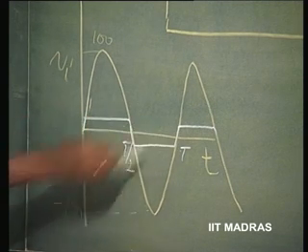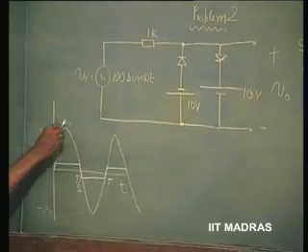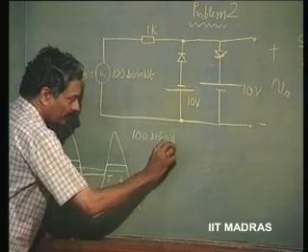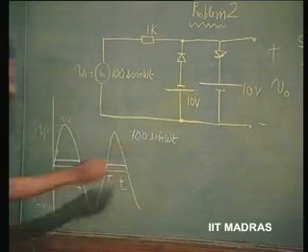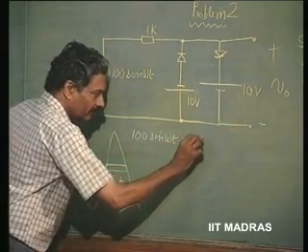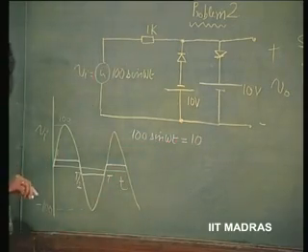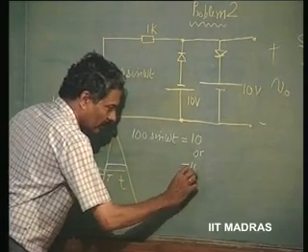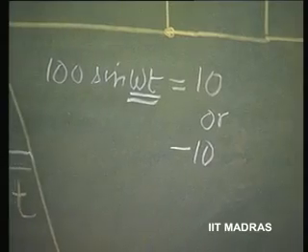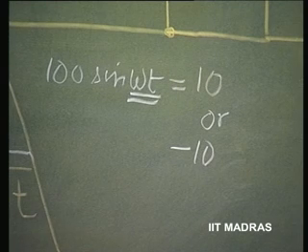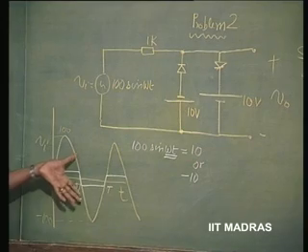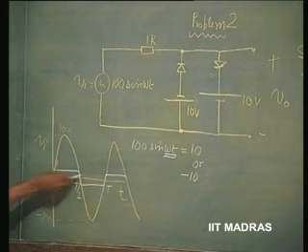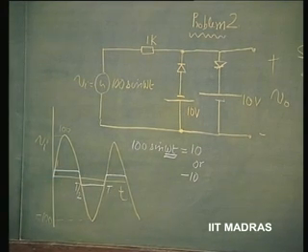For that, you have to equate this 100 sin omega t to a value equal to 10 volts, plus or minus, and find out this time. So, please do work out this problem and find out these time intervals at which the output is going to be limited to 10 volts.